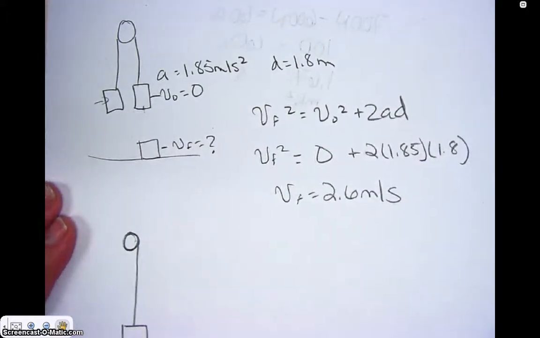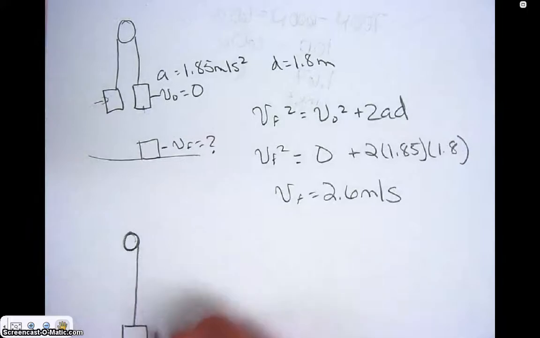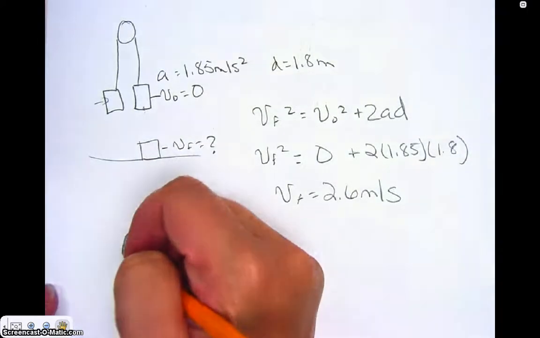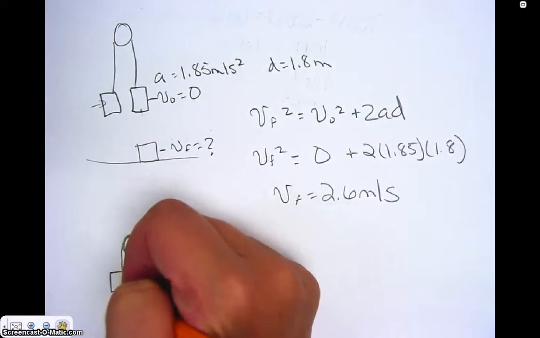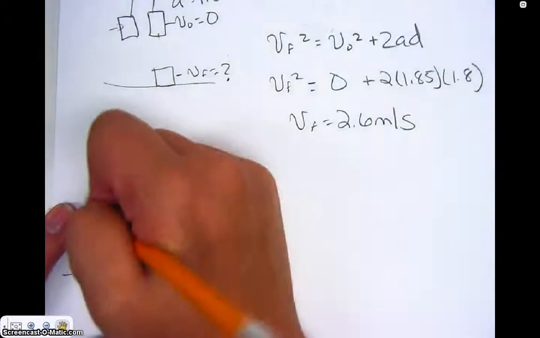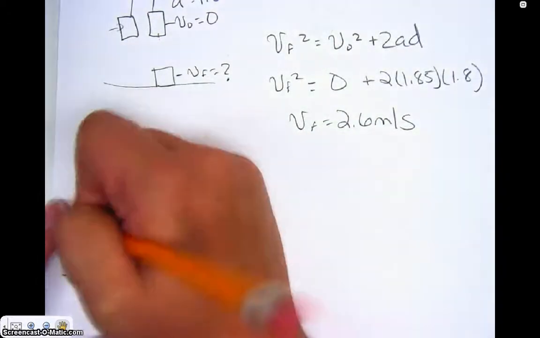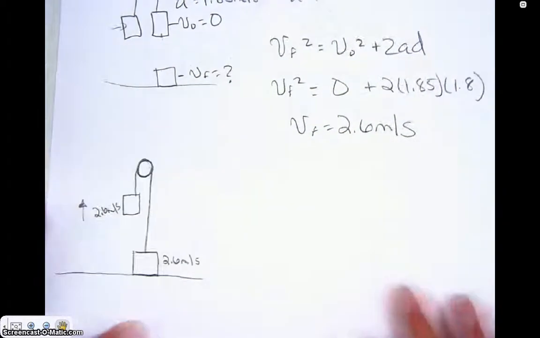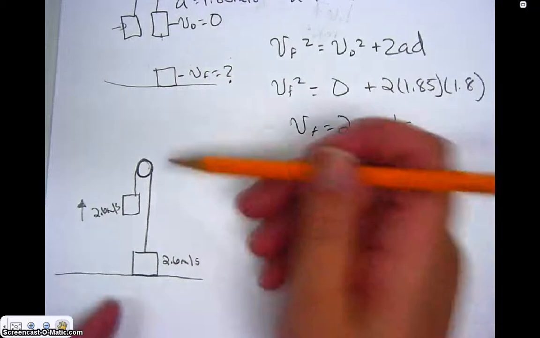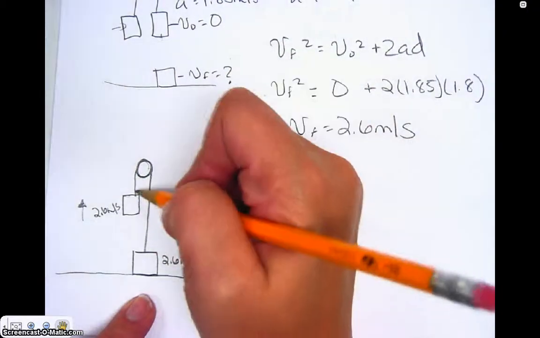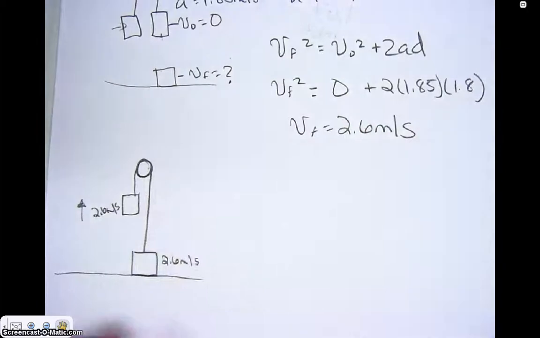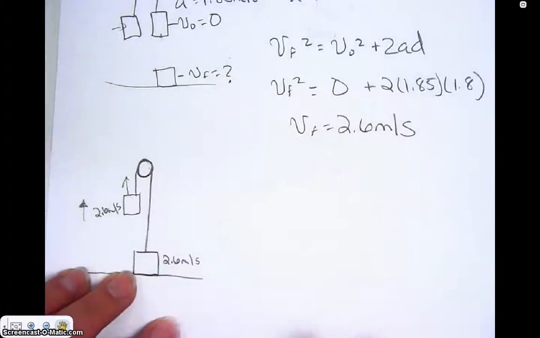The instant before this hits the ground, it's going 2.6 meters per second, which means, because it's a system, this one is going 2.6 meters per second as well, in the upward direction. When this hits the ground, the string is no longer pulling, it becomes slack, and this one jumps up in the air a little bit.